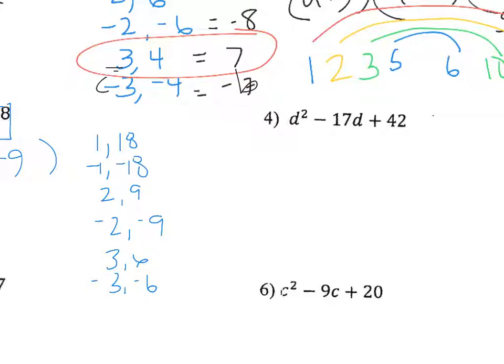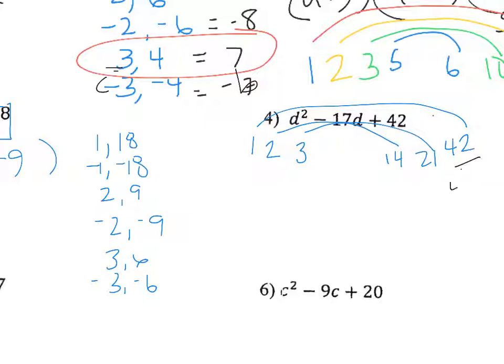So factors of 42 are 1 and 42, 2 and 21. Does 3 go into 42? Yes. 42 divided by 3 is 14. To figure out if you can divide 42 by 3, what I did was I did 4 plus 2 and get 6, and if that number is divisible by 3, then the entire number is divisible by 3.